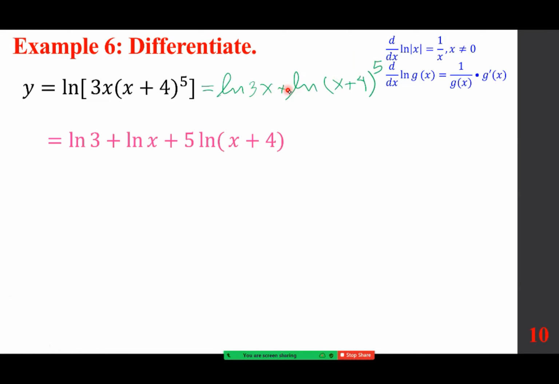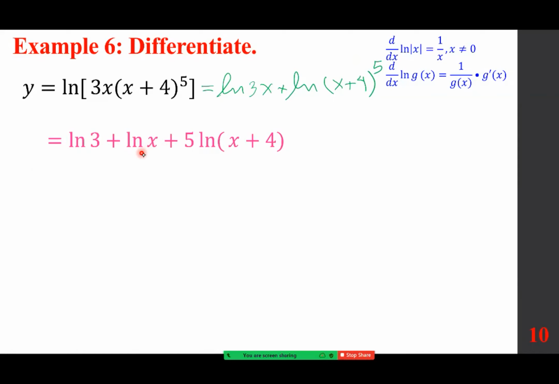So that's basic algebra. If you do this, it makes it very easy to differentiate one by one. This one is a number. Ln of 3 or ln of 2 or ln of 5 or ln of any number is a number. The derivative is 0.